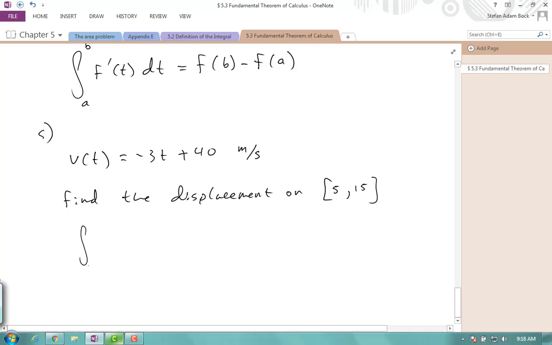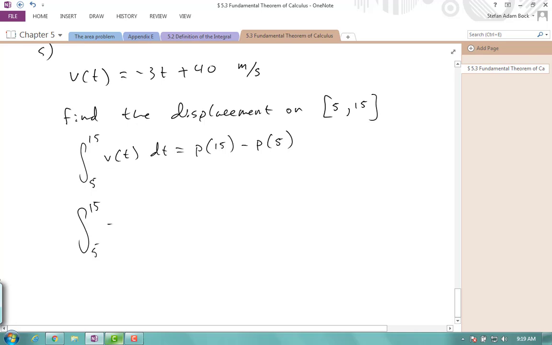So I would find the integral from 5 to 15 of v of t dt, and this should give me the position at 15 minus the position at 5. But this antiderivative is negative 3t squared divided by 2 plus 40t, and that's evaluated from 5 to 15.